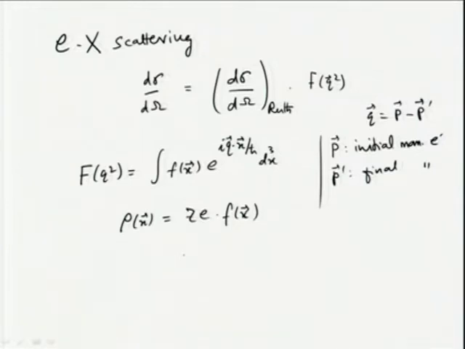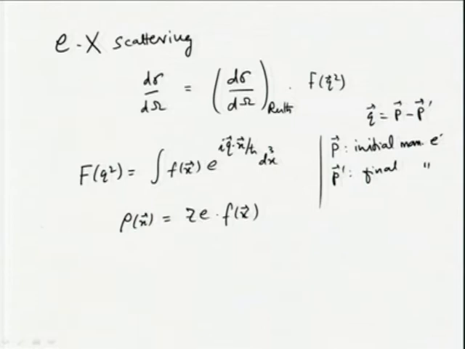So, f x actually tells us how the charge is distributed. Z e is the total charge in the nucleus. So, we are considering a nucleus of atomic number Z. So, this is the charge distribution.